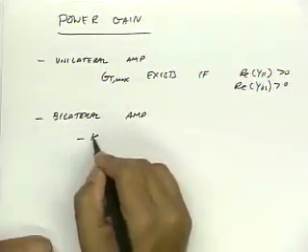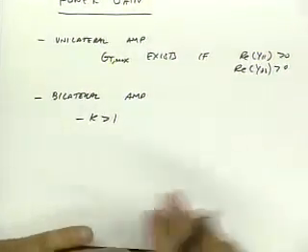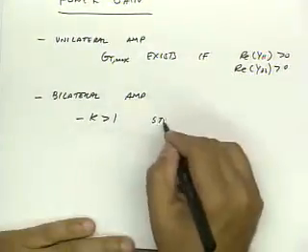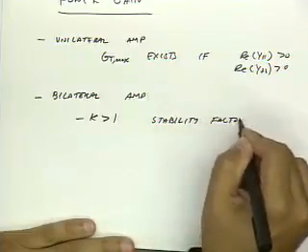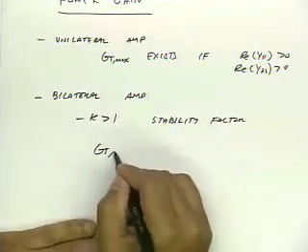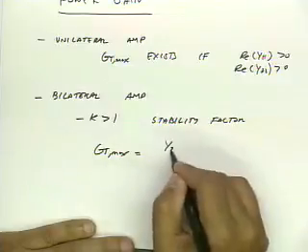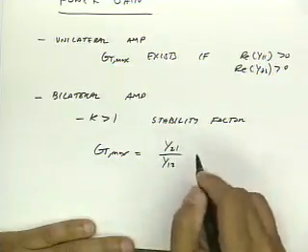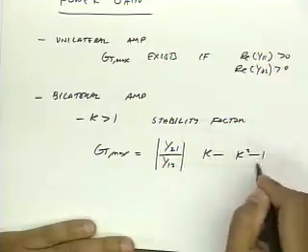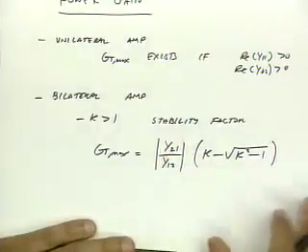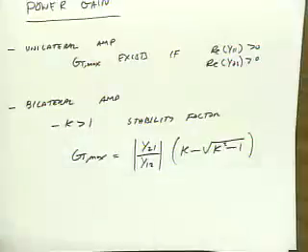then we have to check K. If K is bigger than 1, stability factor is bigger than 1, then in fact GT max exists, and it's given by the ratio of y21 over y12 times K minus square root of K squared minus 1. Okay?